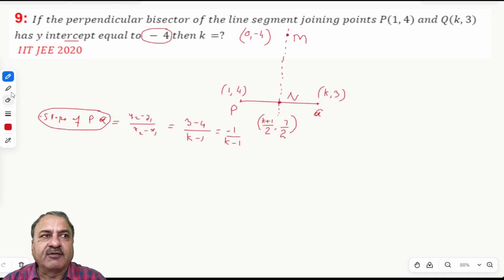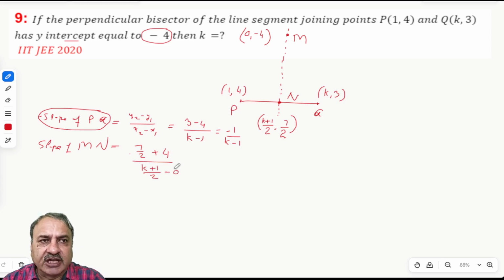Now we have to find the slope of MN. So we will use the same formula and we will get y2 minus y1, means 7 by 2 minus (-4), means 7 by 2 plus 4, over x2 minus x1, means (k plus 1) by 2 minus 0.